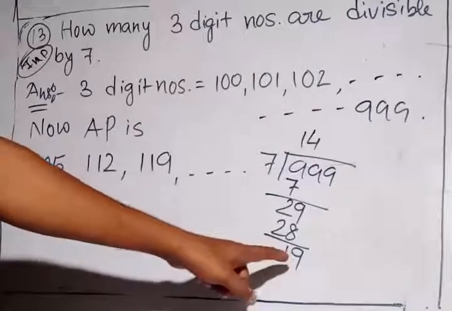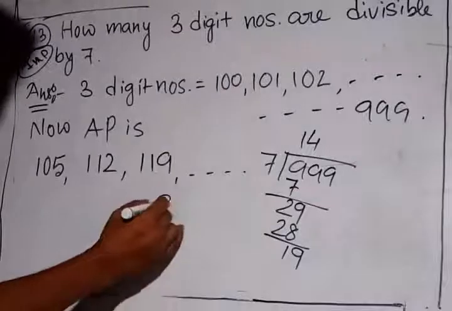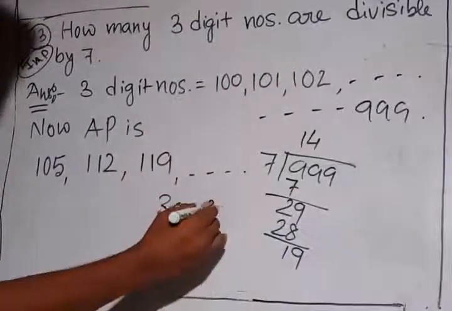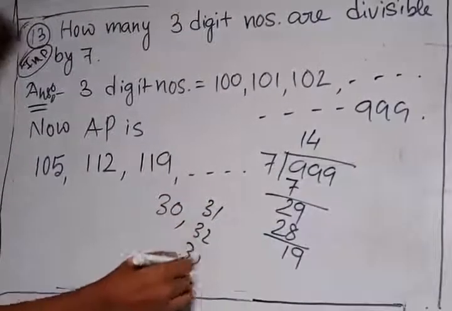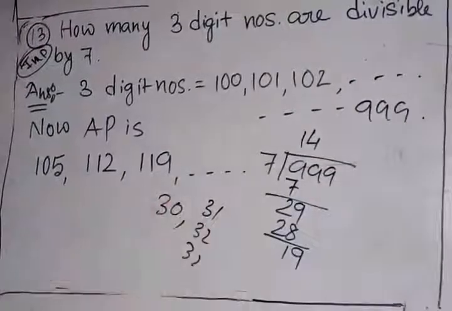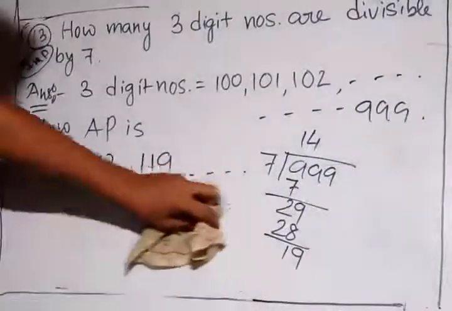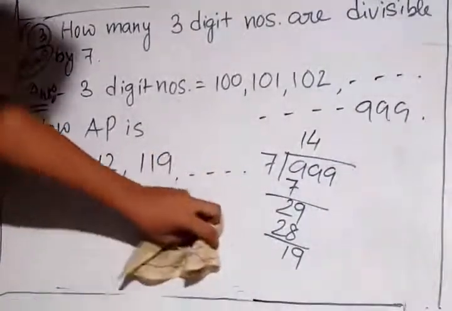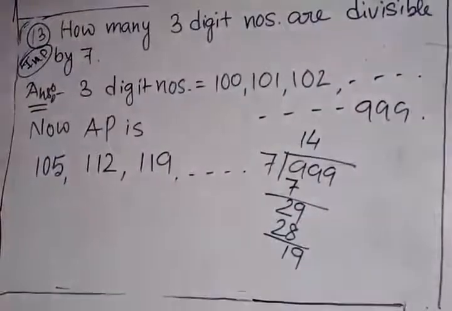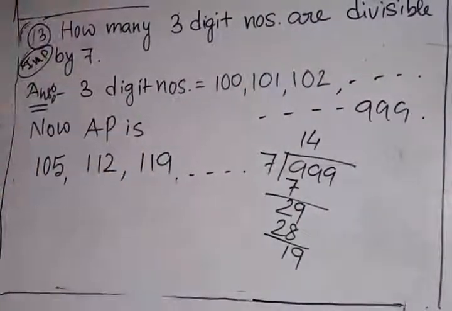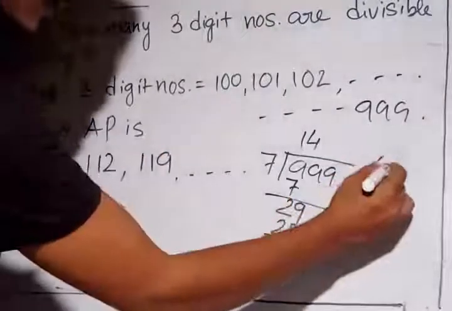Before, when we got 30, we had to see whether 31, 32, the next number. Now you have to decrease the numbers. It is 19. You have to see whether 18 is divisible by 7 or not.